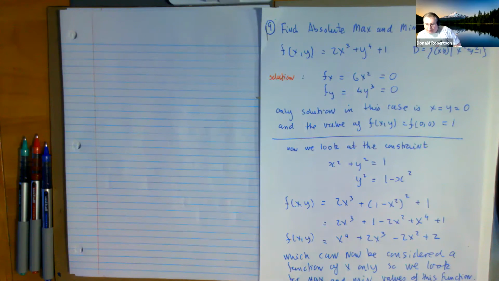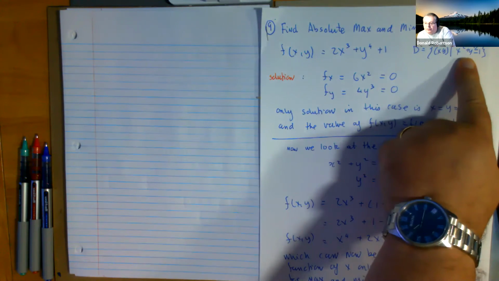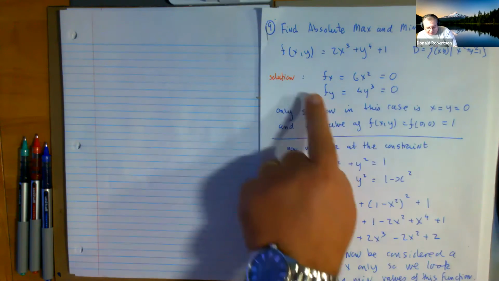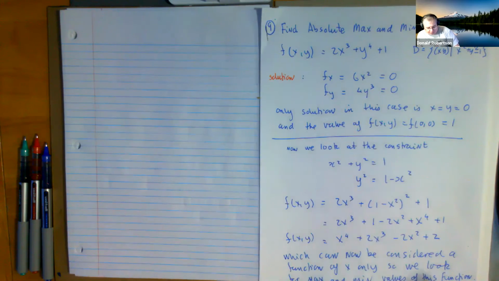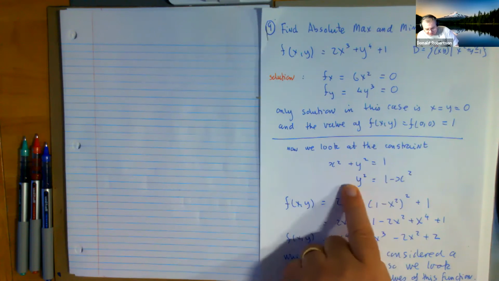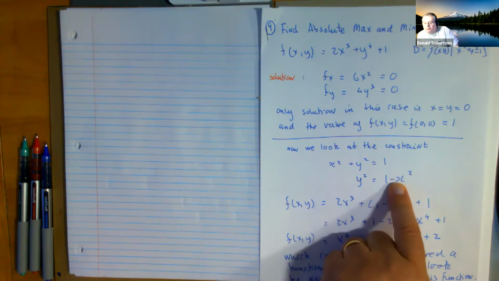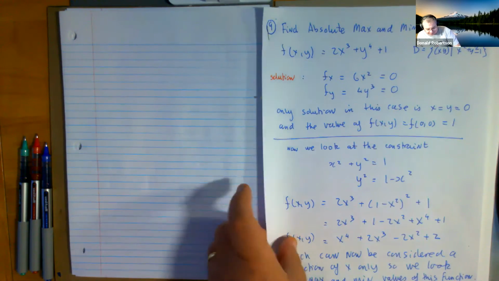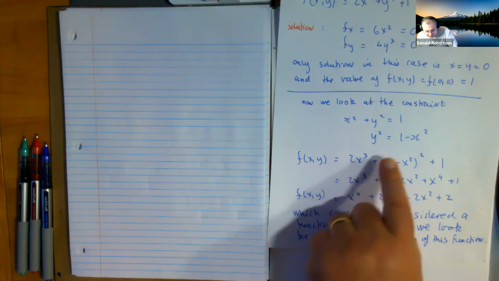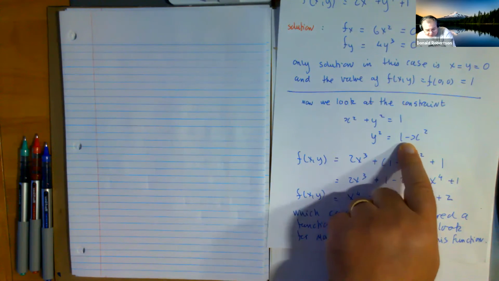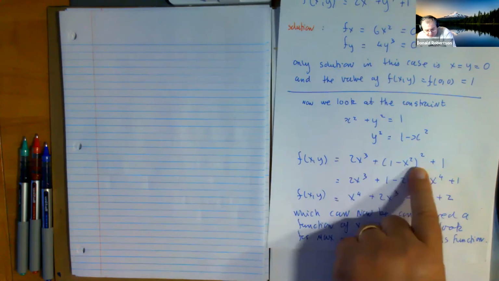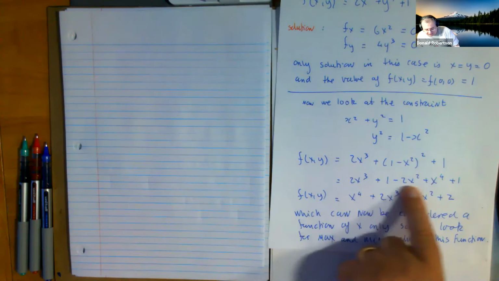And in this particular case, we don't need to worry about the values inside the constraint because that was taken care of here. So what I'm doing is I'm taking this equation, and this one we got wrong, so I'm fixing it. You've got y squared is 1 minus x squared. Then what you do is that you use the constraint function, whatever this is, and you use it to take the original two-dimensional function and convert it into only having, say, x's or y's.